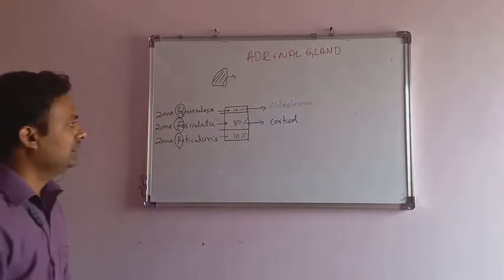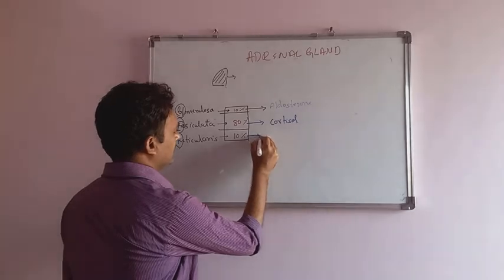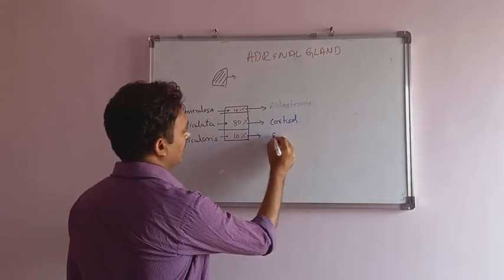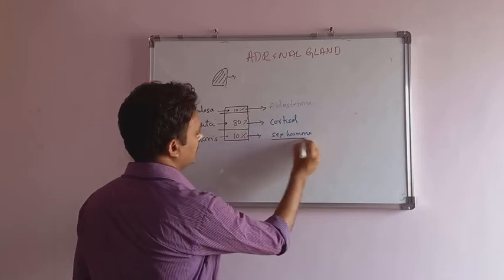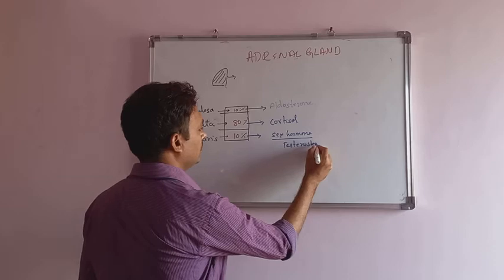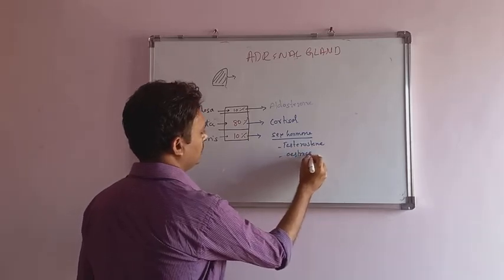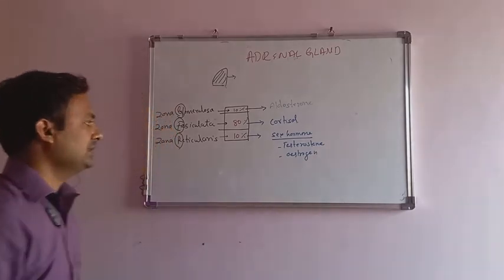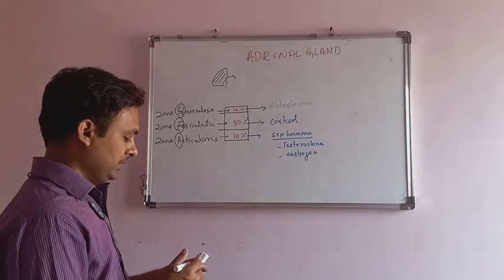Zona reticularis secretes the sex hormones, that is testosterone and estrogen. It takes part in the synthesis of testosterone and estrogen.